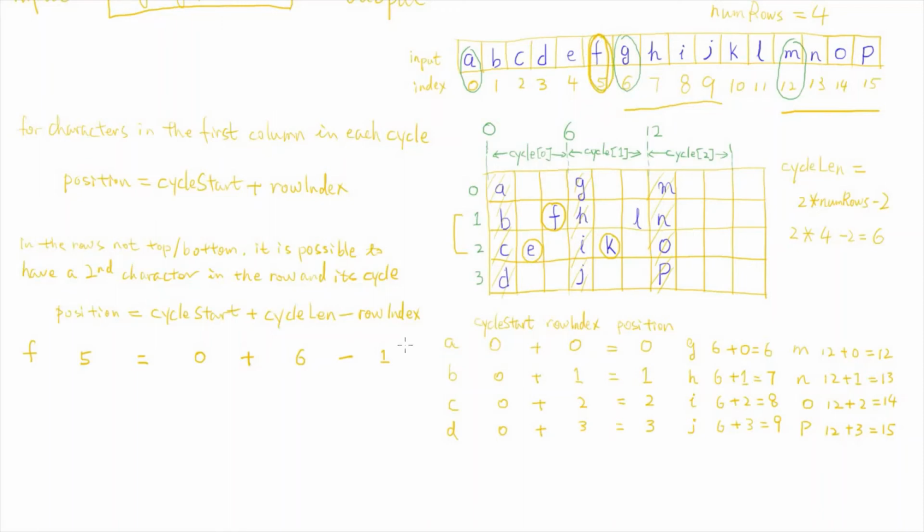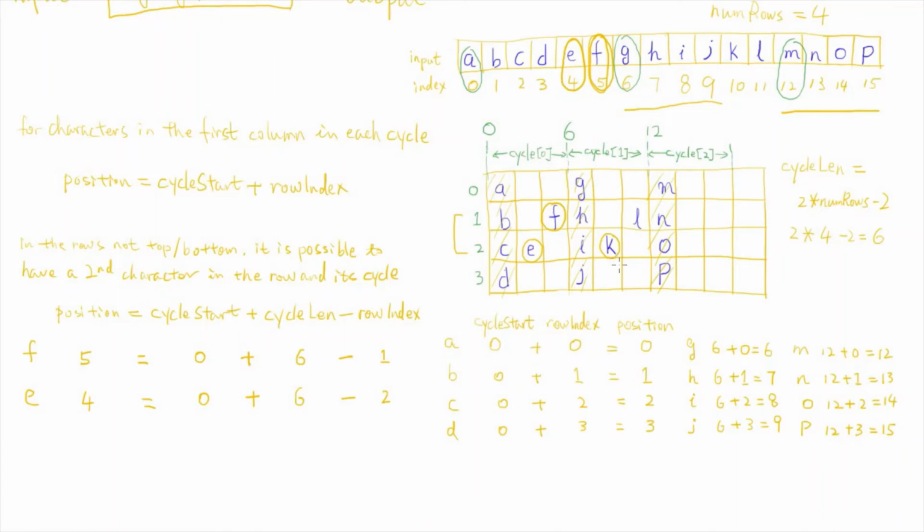And for character E, the cycle starts at 0, and the cycle length is 6. The row index is 2. 0 plus 6 minus 2 equals 4. And E is at position 4 in the input string.